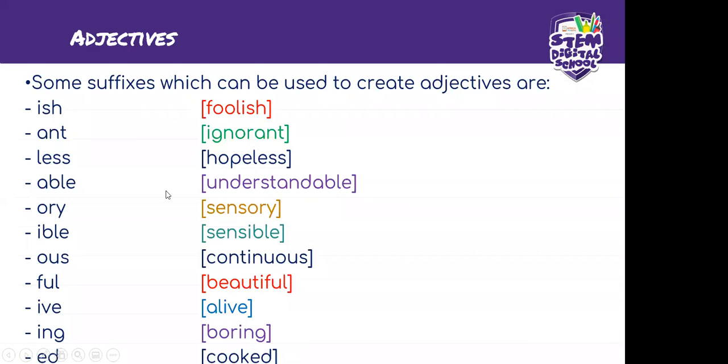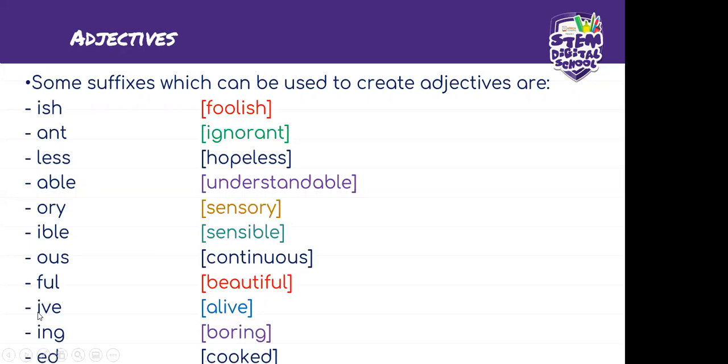Able, for example, understandable. Ory, for example, sensory. Able, for example, sensible. Ous, for example, continuous. Full, for example, beautiful.